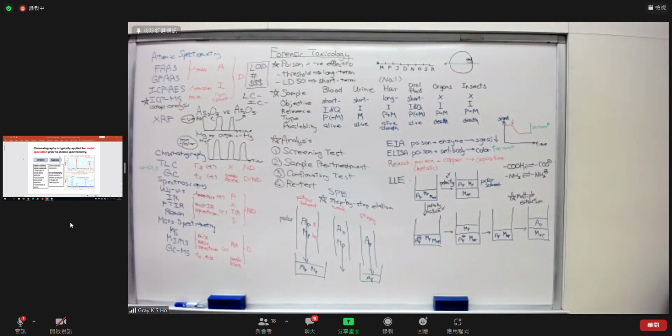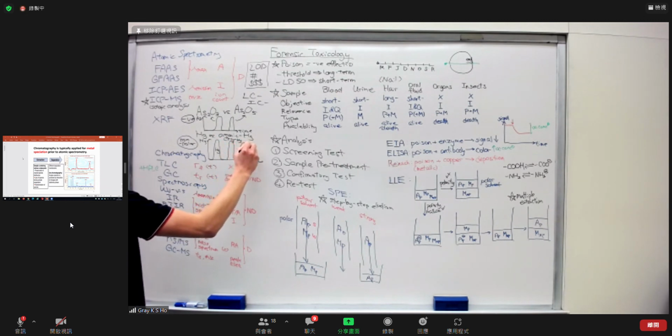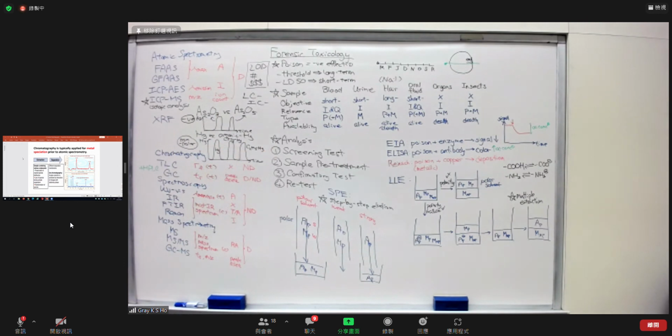For somewhat nonpolar species, they will be eluted out later. The first one will be the normal mercury, the second will be methyl mercury, and the third could be ethyl mercury, and so on. Just depending on the polarity, they will be separated.